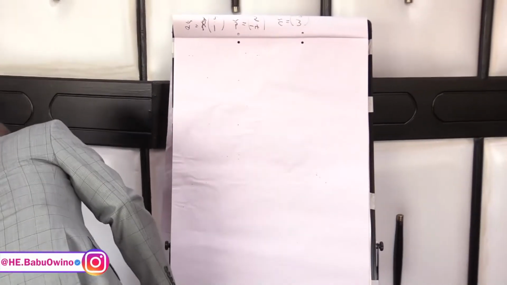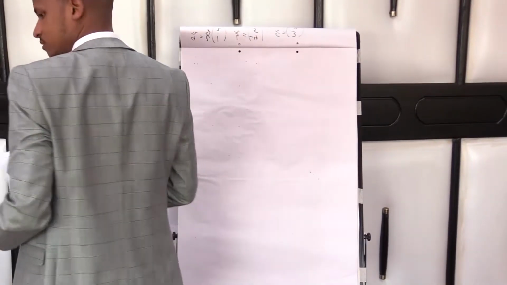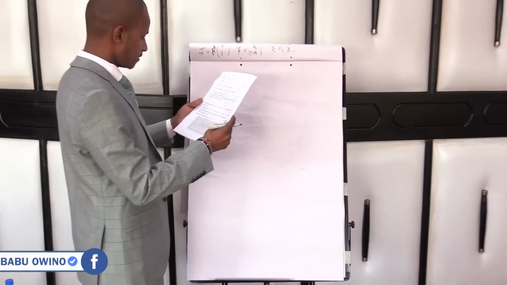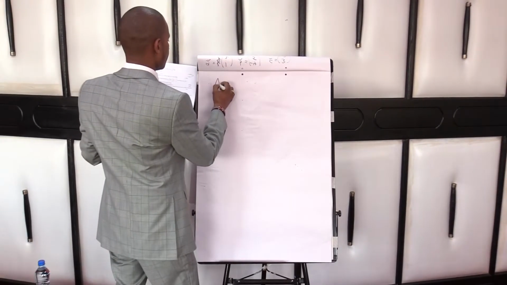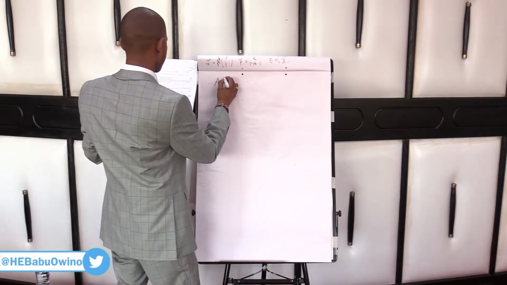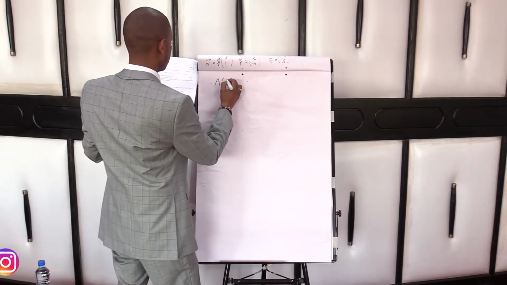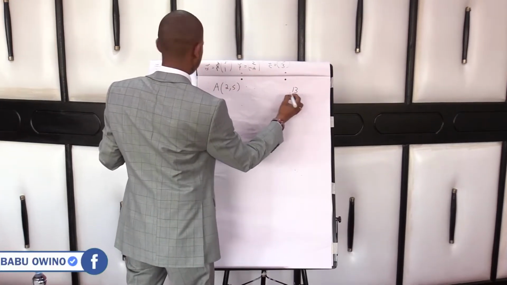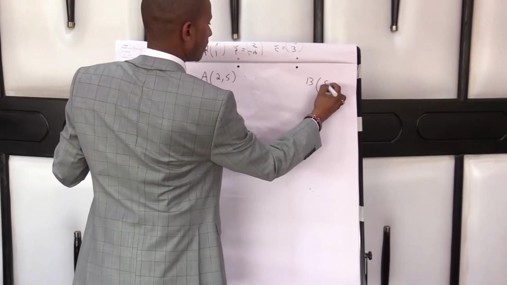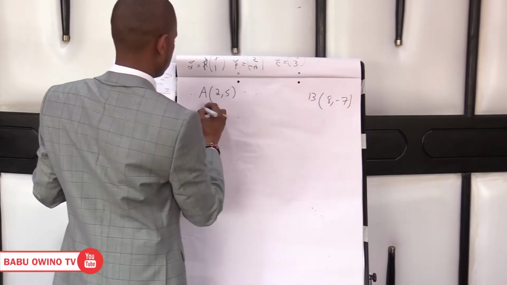So another question, just another question. The position vectors AB, where A is given by the position vector in coordinates form as 2, 5, and B is 8, minus 7.